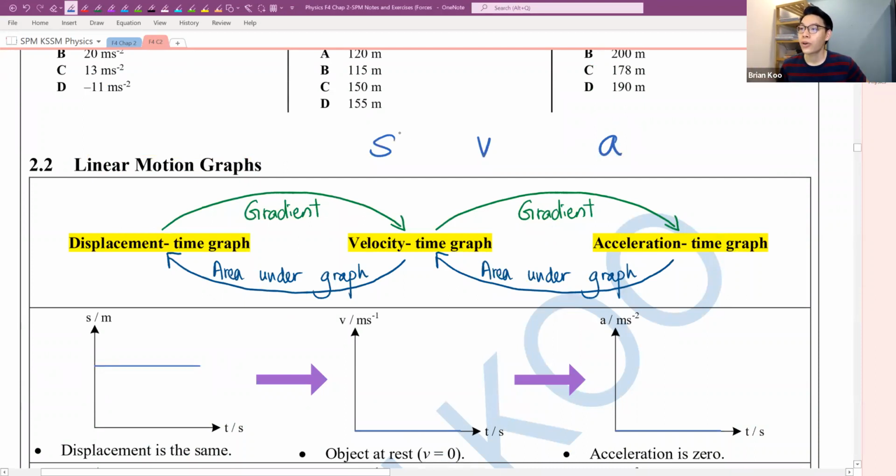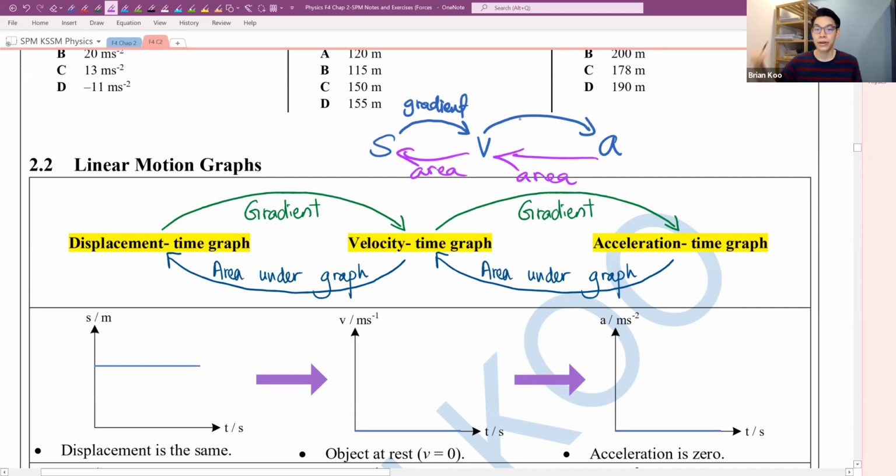For you to go from S to V or V to A, to go forward, you are always looking for the gradient. This is probably the most important thing you need to know for this topic. For you to go backwards, you need to find the area.